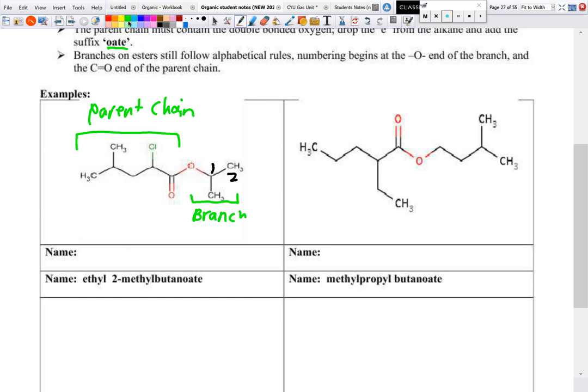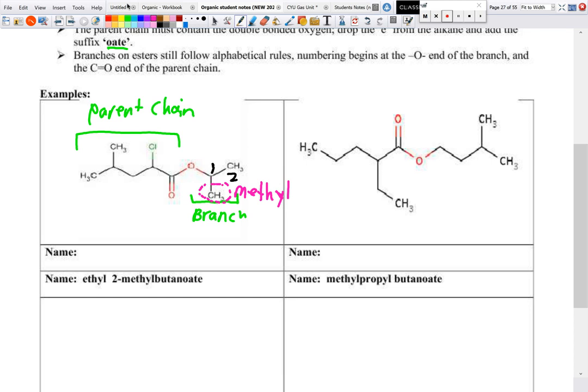Now we'll notice that my longest continuous carbon chain did not include this one down here, because this is still going to be considered a methyl branch. So we have a branch in our branch, which is kind of weird, but how we name this is not too bad, because we're still going to keep all of our naming rules in place.